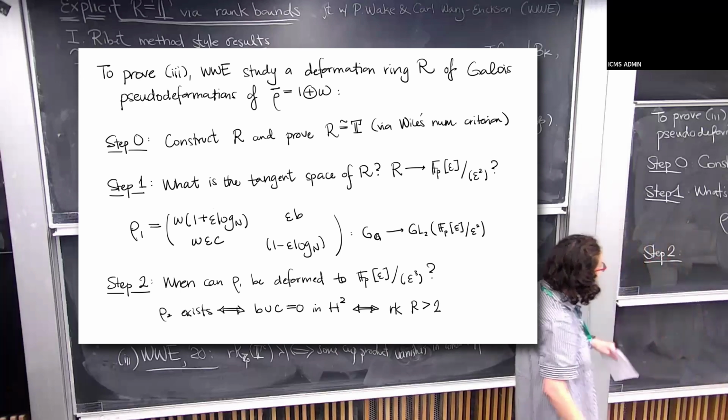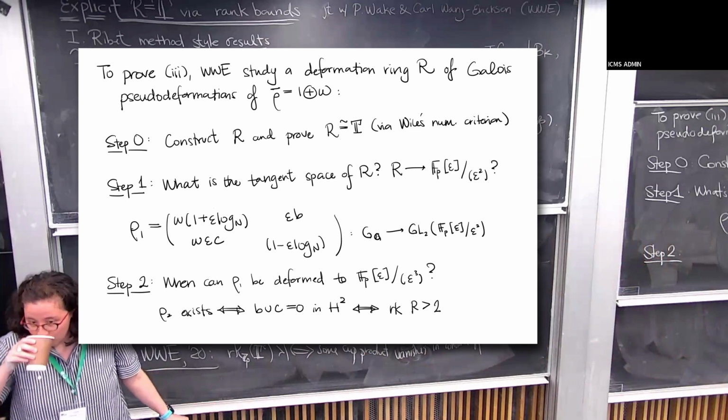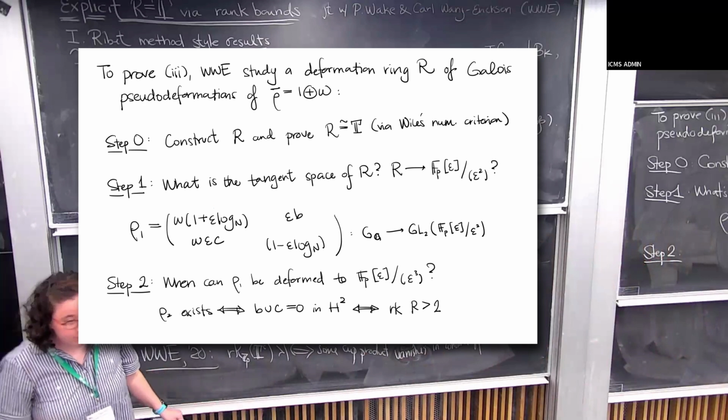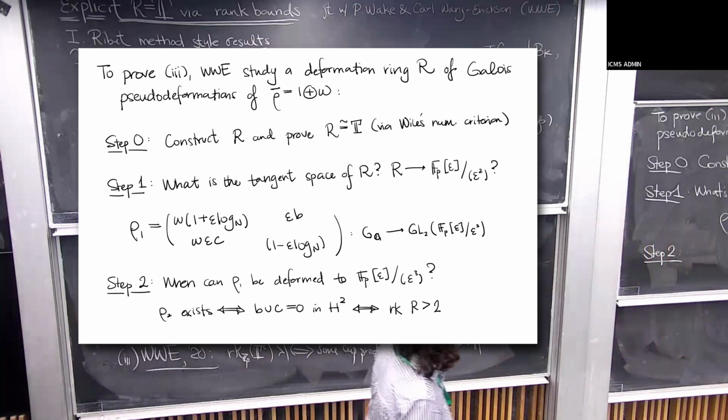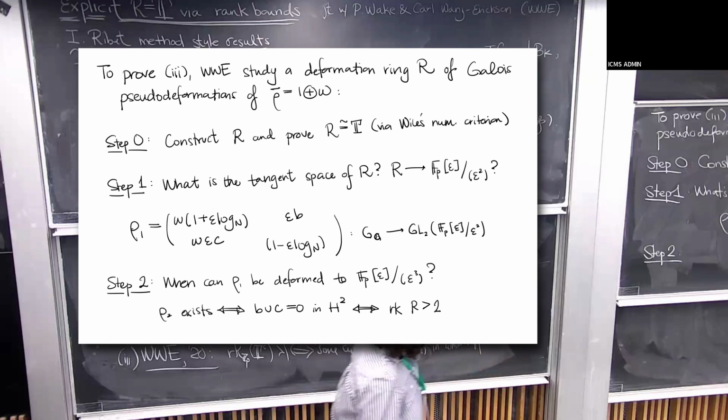So yes. How do you know that it looks like, from what you've written, that it's reducible mod epsilon squared? Somehow, it's not just mod epsilon is 1 plus W, but the determinant is just W. I'm surprised that there's epsilons on both the B and the C coordinate, rather than just one of them.